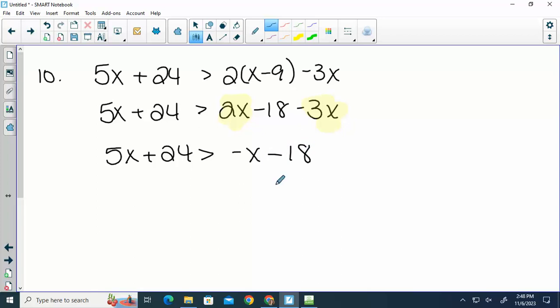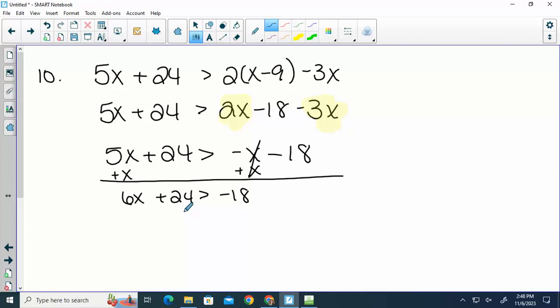So now, we need anything with an x on one side and anything without it on the other. We prefer the x's to be on the left. So I can add this x. Then in my 24, we would subtract.